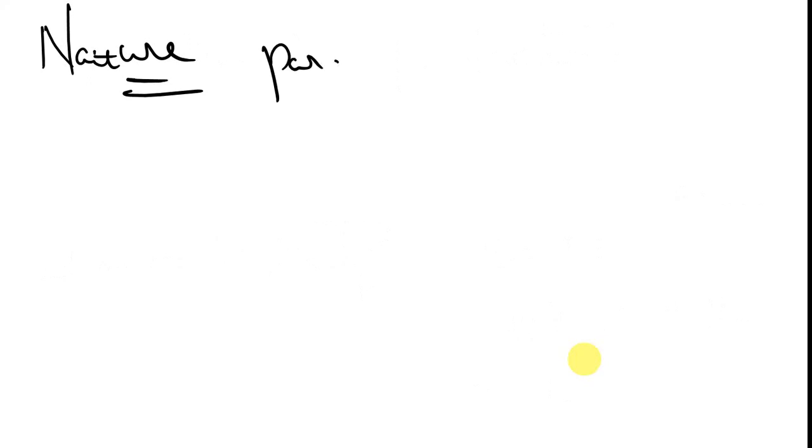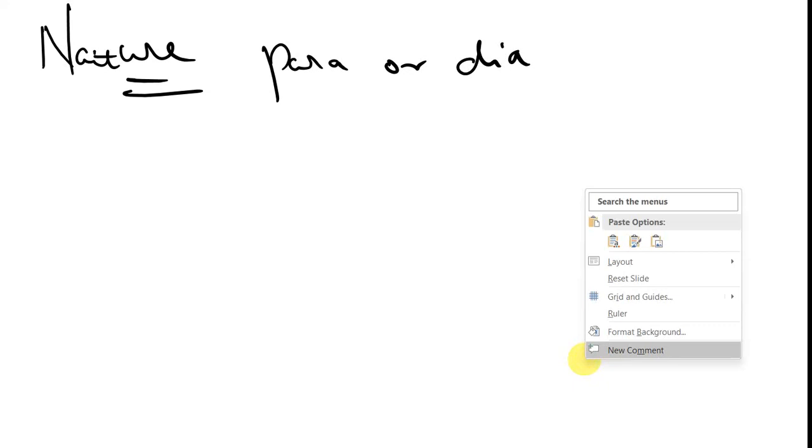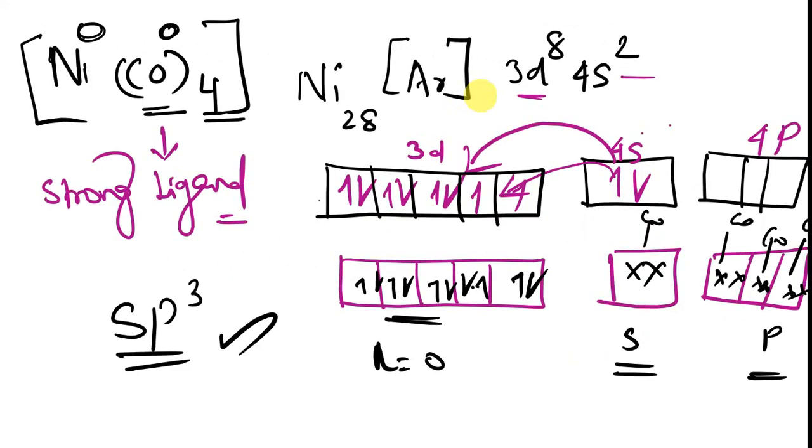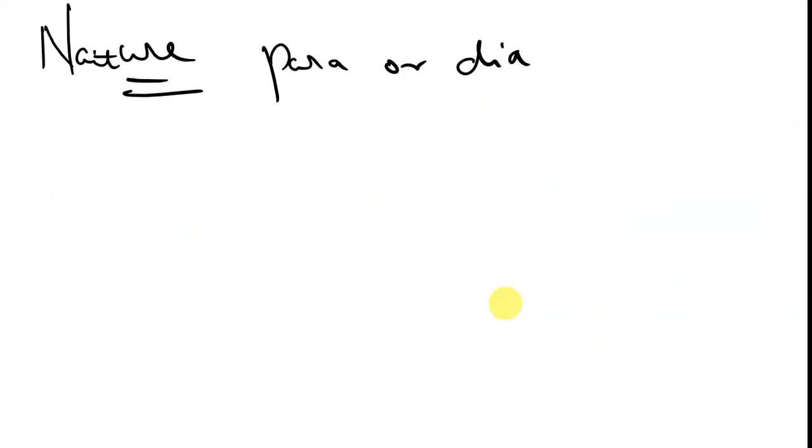And then we should go for nature, in the sense whether it is para or dia. Does it have any unpaired electrons? Check it out. No, all the electrons are paired, so it is diamagnetic.